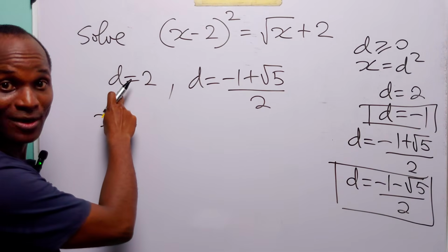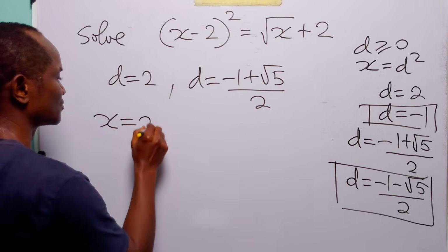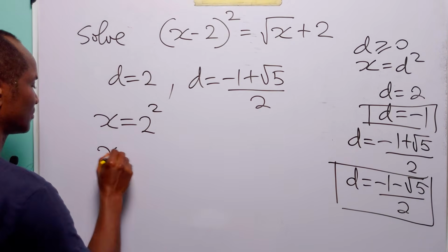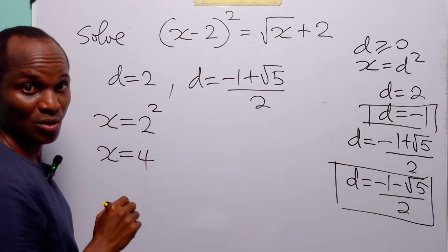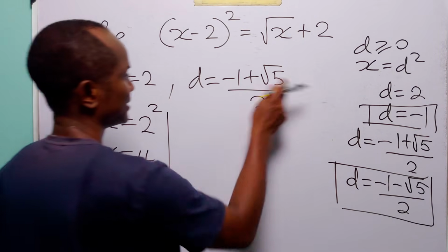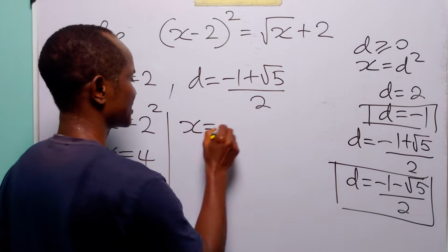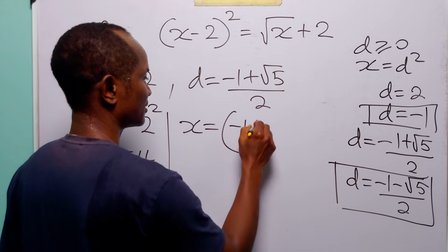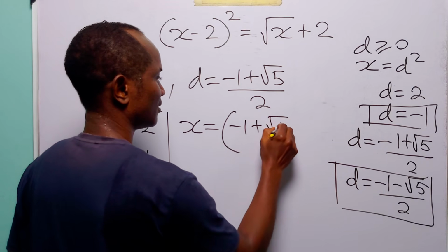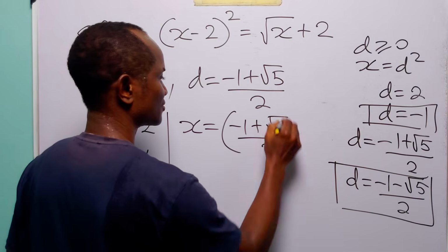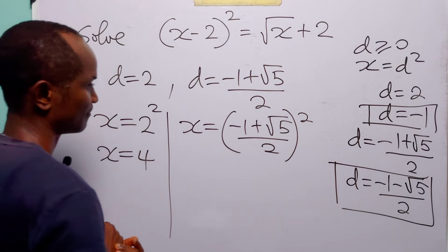So when d is equal to 2, x is equal to 2 squared. X is equal to 4. And in this case, we have that x is equal to minus 1 plus root 5 over 2 squared.